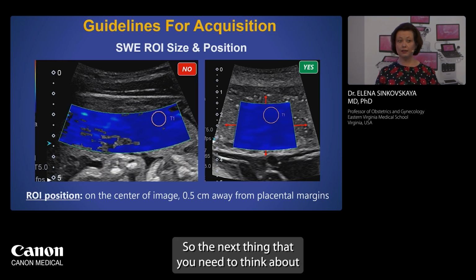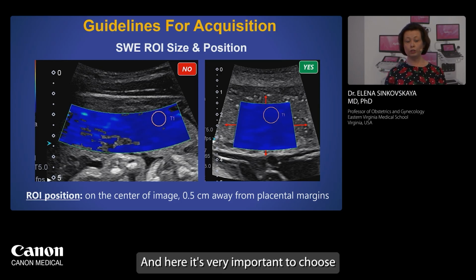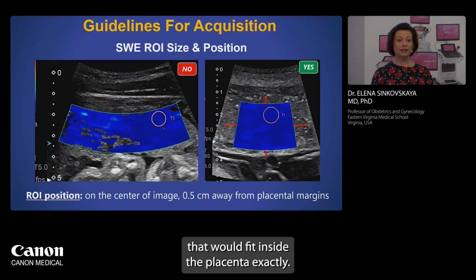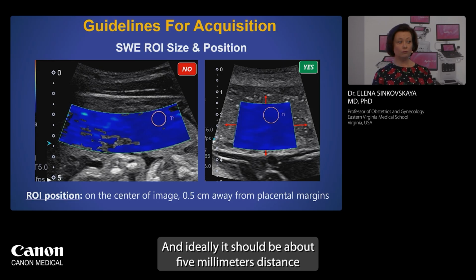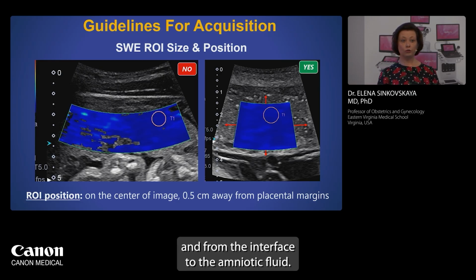So the next thing that you need to think about is how to place the area of interest within the placenta. Here it's very important to choose an area for shear wave analysis that would fit inside the placenta exactly. Ideally it should be about 5 millimeters distance from the interface to the myometrium and from the interface to the amniotic fluid.